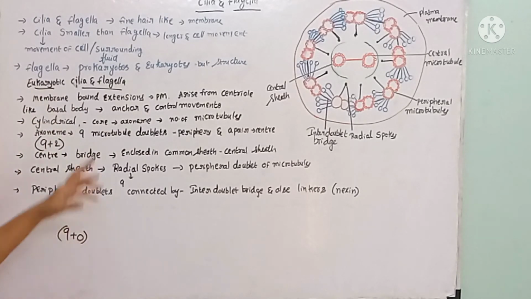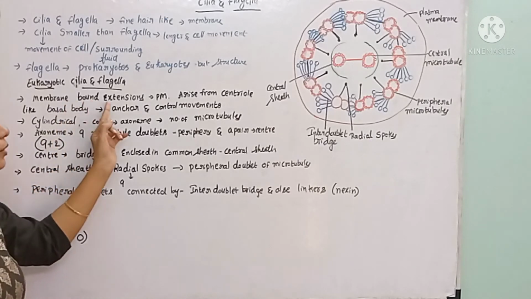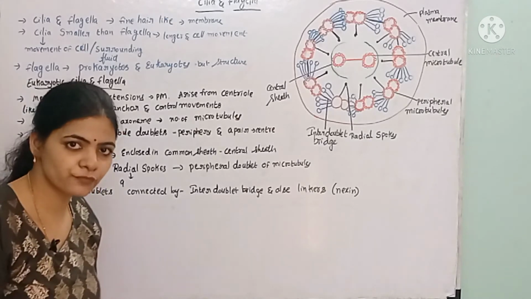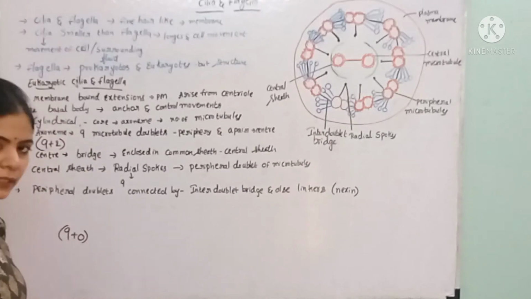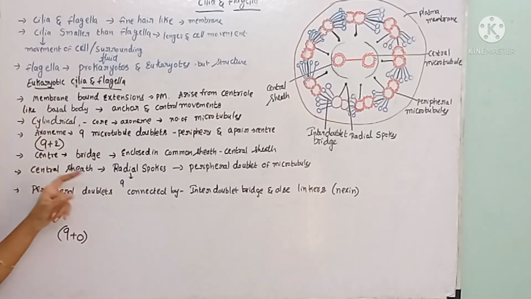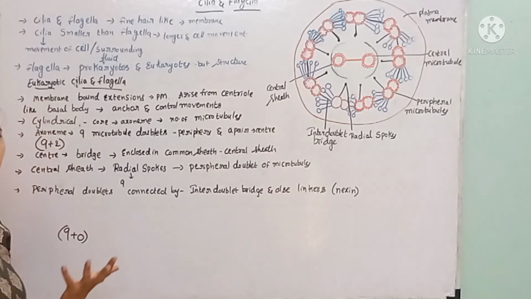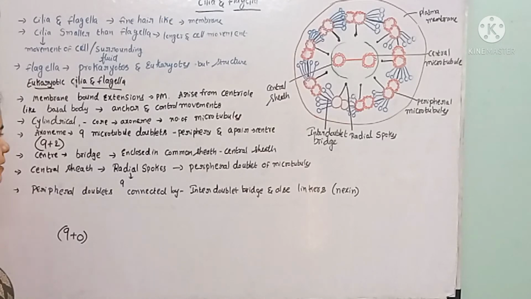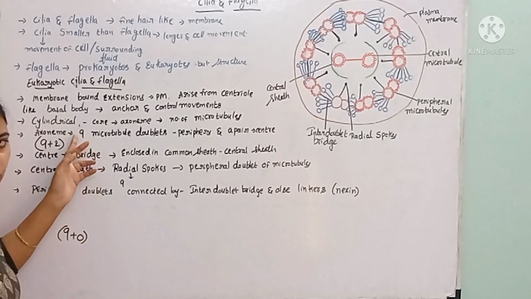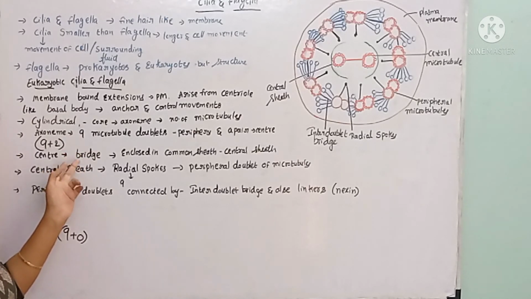Once again, we'll study. These cilia and flagella are membrane-bound extensions which arise from the plasma membrane, and they arise from the centriole in the form of the basal body. This basal body helps in anchoring and helps control the movements. And what is the structure? It is a cylindrical structure. Cilia or flagella are cylindrical structures.